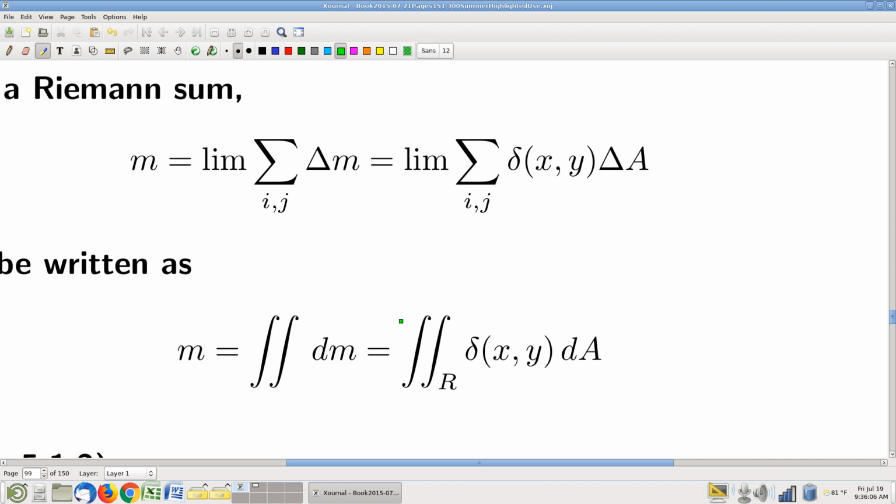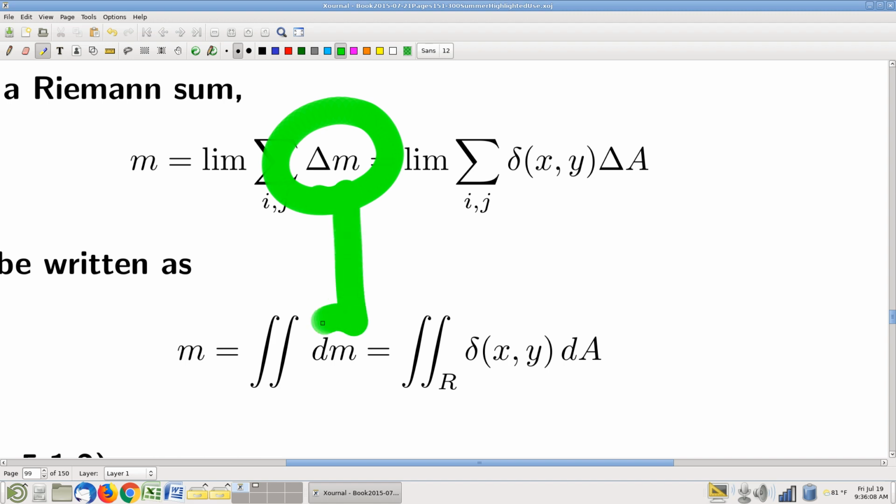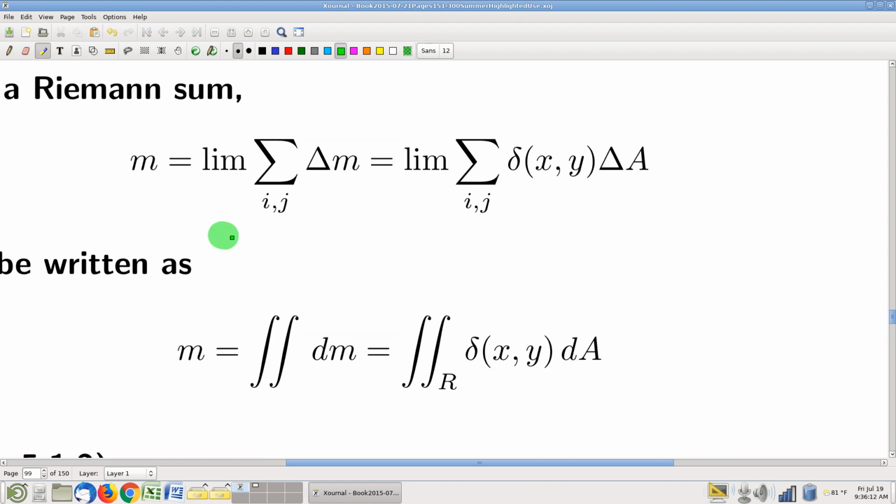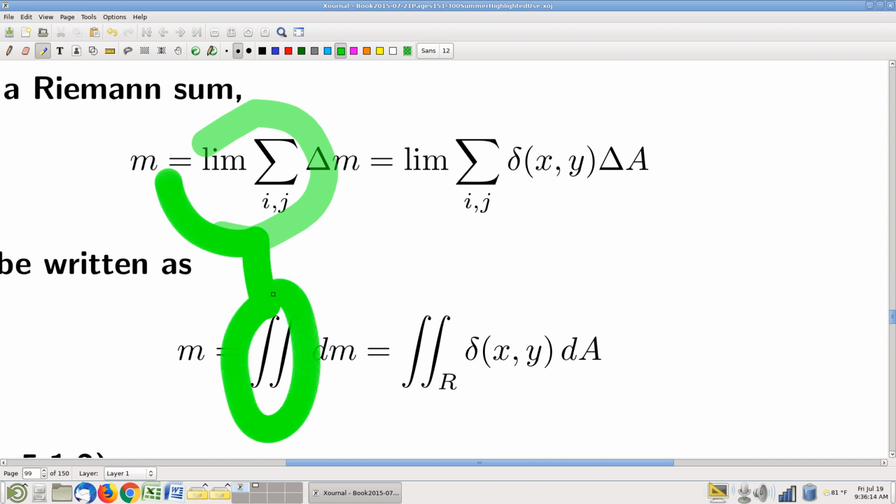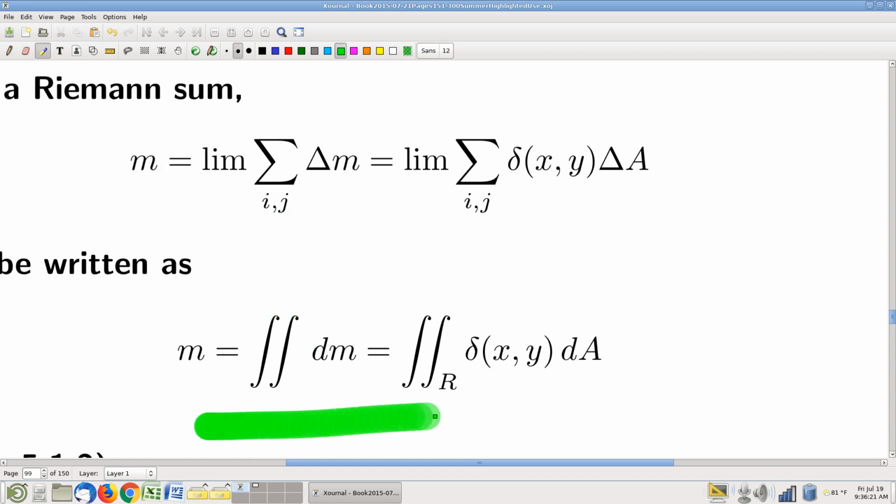And so I'm going to write delta m as a dm, and I'm going to write this initial summation as a double integral symbol. In practice, I'm going to say it's an acceptable sloppiness.